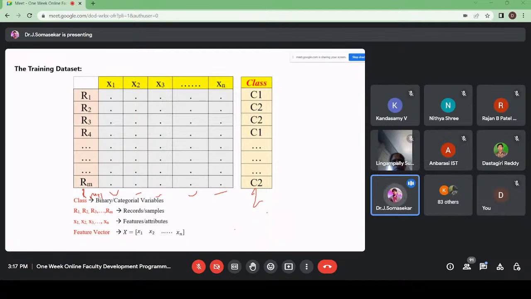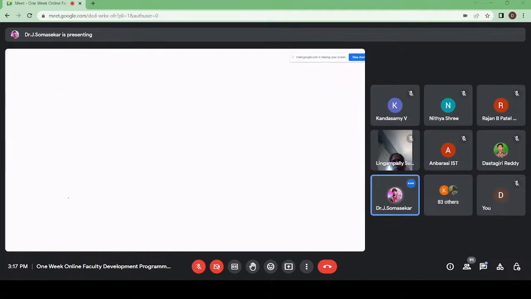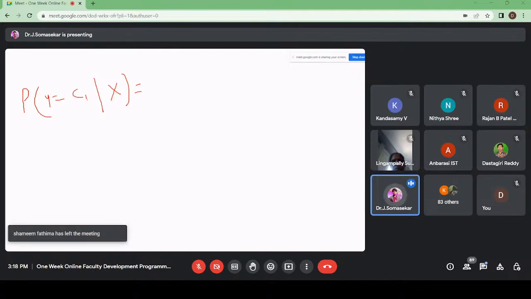For that, our aim is to apply the classifier called the Bayesian classifier. How are we going to apply it? We have two classes. So we have to calculate Y equal to C1 given X. X is nothing but the feature vector, whatever features we have been given, and we need the probability of this.